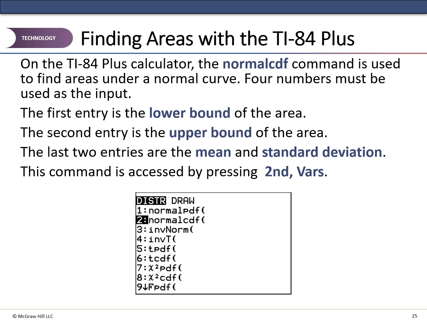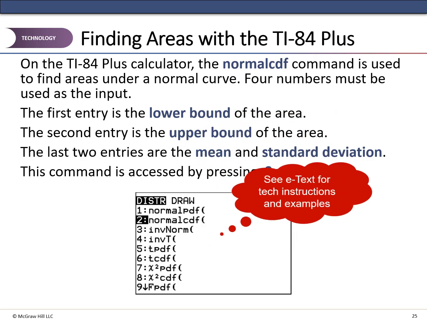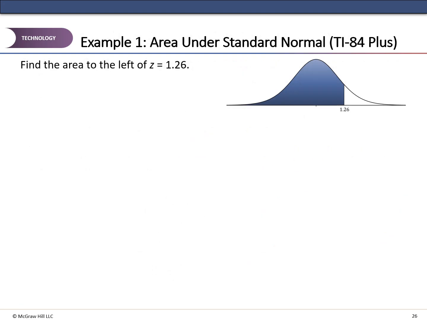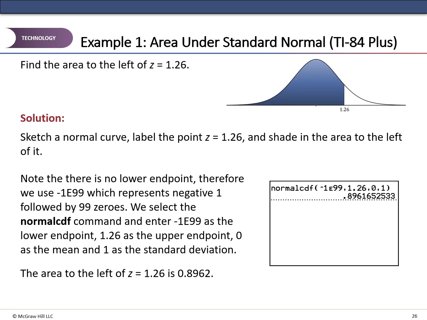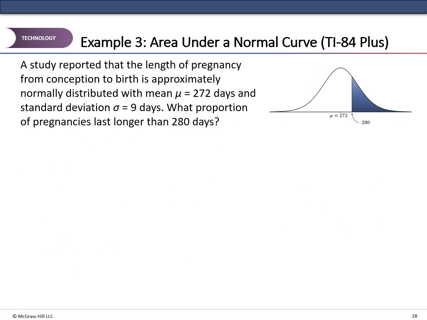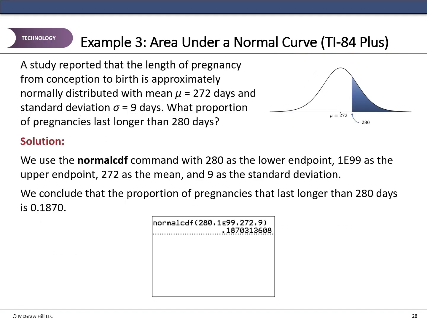So again, always remember that the back of your book provides technology examples and step-by-step instructions. This is for your TI-84 calculator, which you can use. I've left all the examples that are in the back, but I don't really go through these.